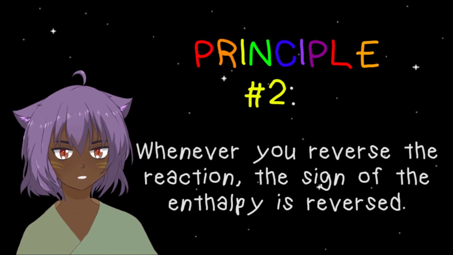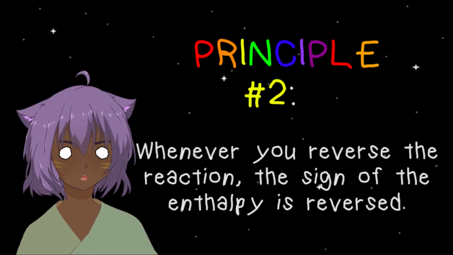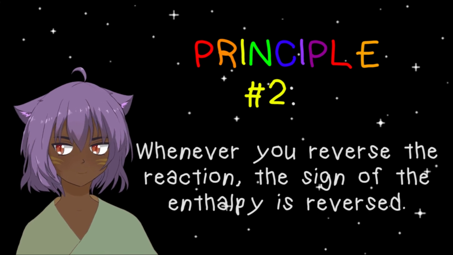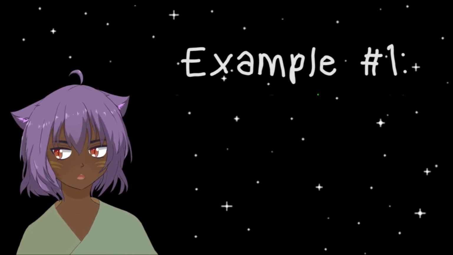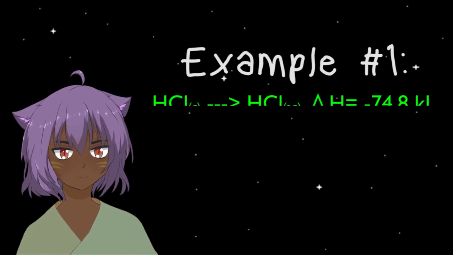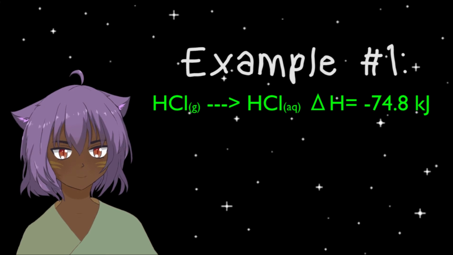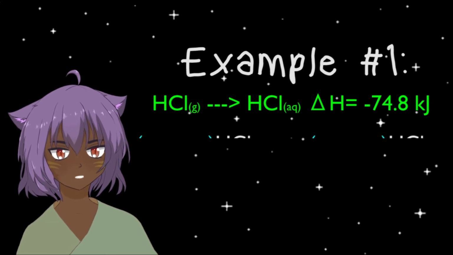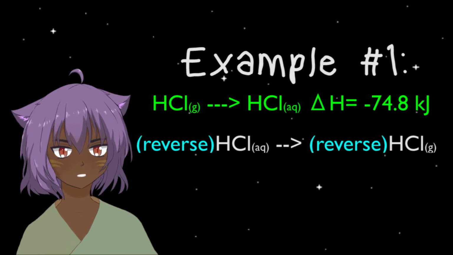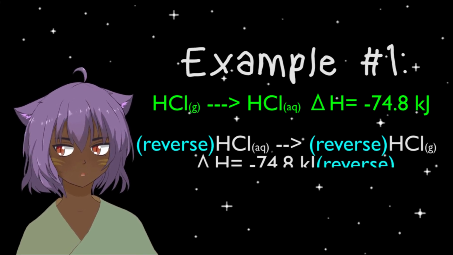The second principle states that whenever you reverse the reaction, the sign of the enthalpy is reversed. Here is an example. HCl gas yields HCl aqueous with an enthalpy of negative 74.8 kilojoules. We just need to reverse the positions.